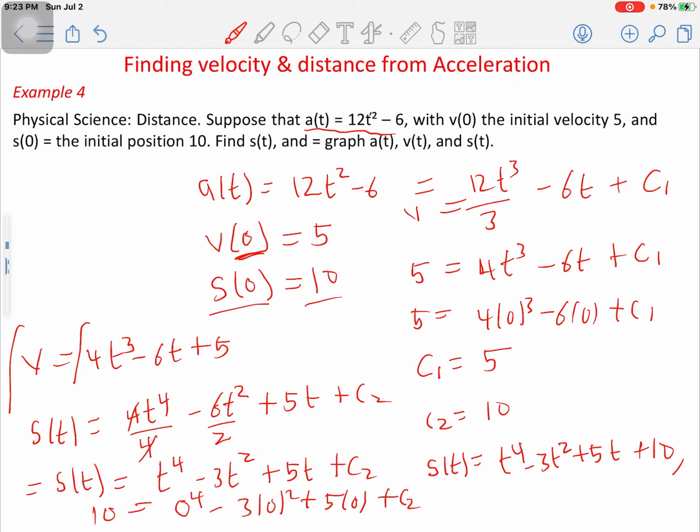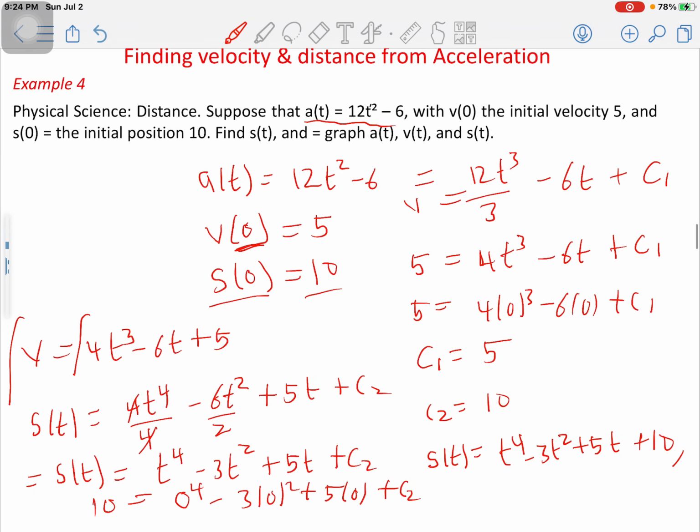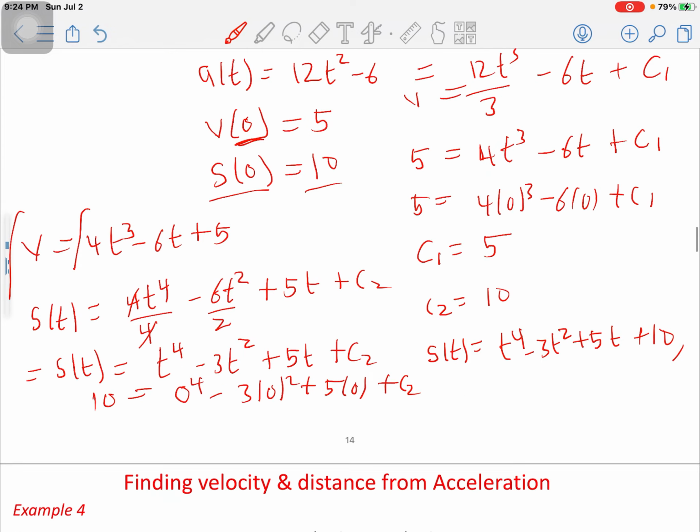So the next thing is, let's look at how we can come out with a graph. That is very important. So let's take a little bit of time and see how we will be able to come out with a graph of these functions.